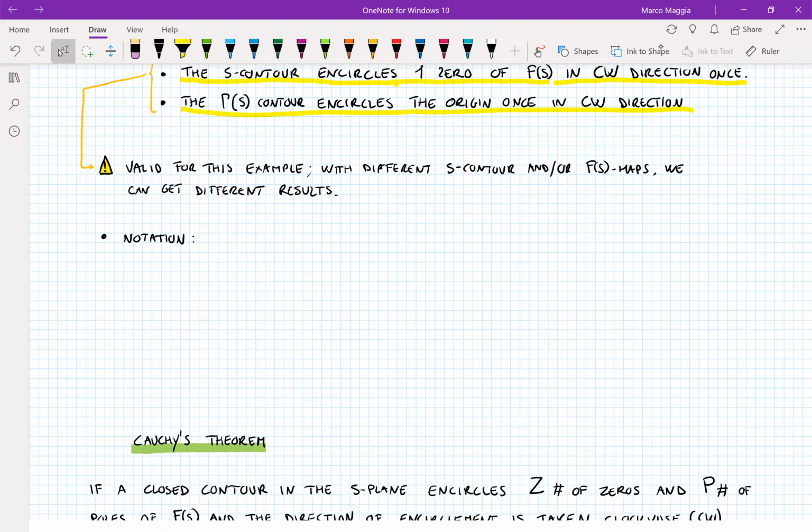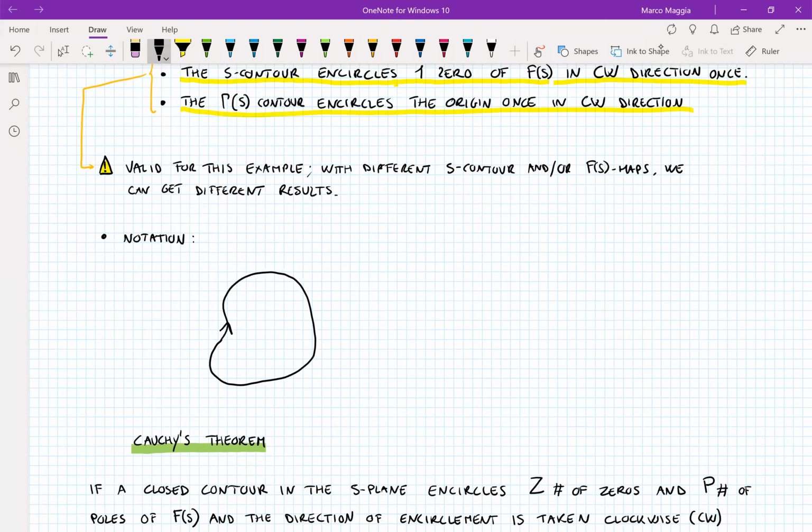Just one quick annotation about the notation: we're going to consider positive encirclements the ones that are taken clockwise. So the clockwise direction is positive, whereas the counterclockwise direction is negative.